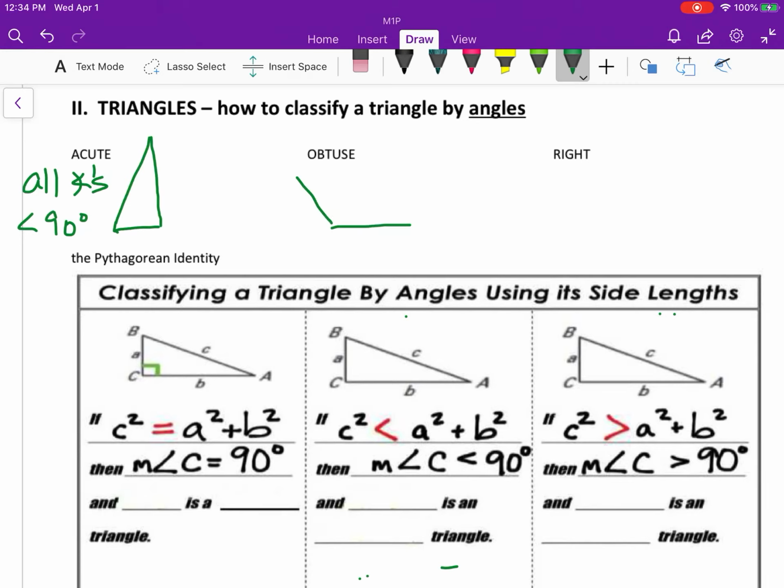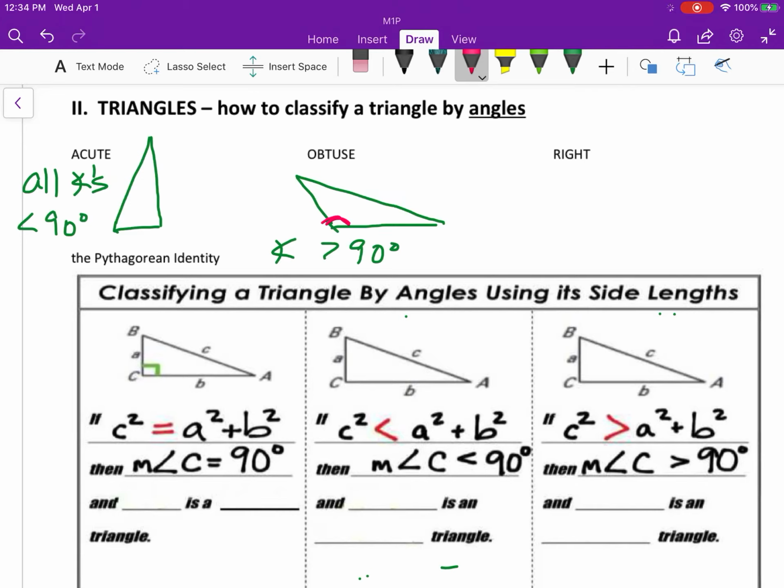An obtuse triangle, okay, that one, I'm going to mark it. You can see here, that's greater than 90. An obtuse triangle has an angle that is greater than 90.